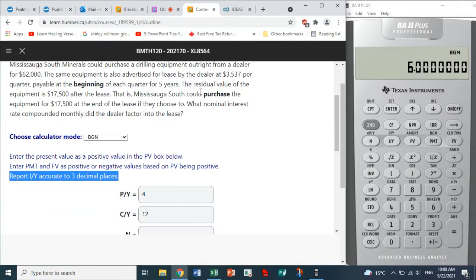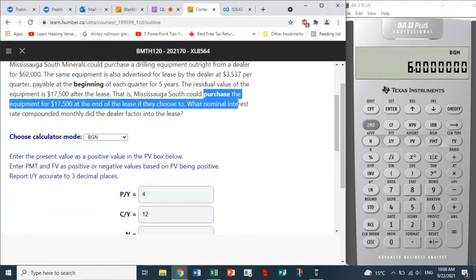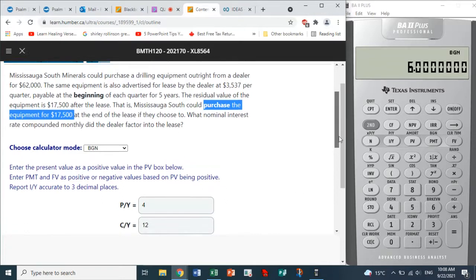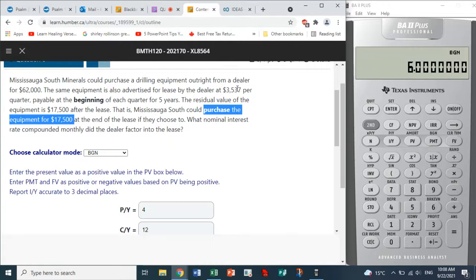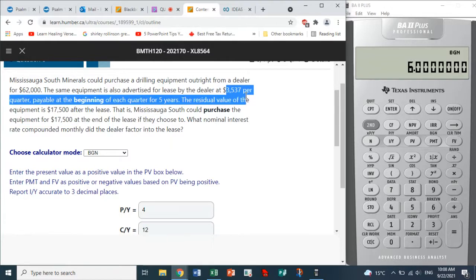Okay, now the residual value is 17,500, but that is the purchase. This is like a lease to buy, or lease to own, I guess is the way to put it. So this is the lease. You're paying this amount to lease the equipment for 5 years.